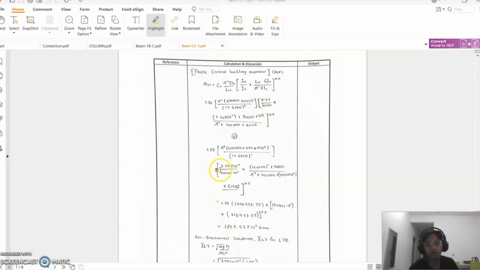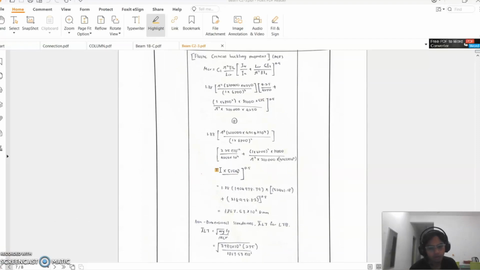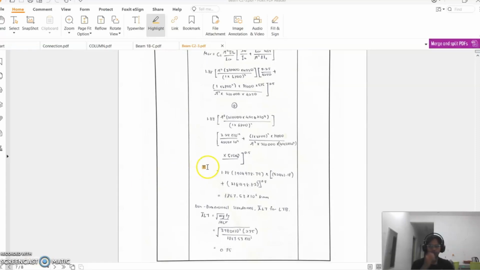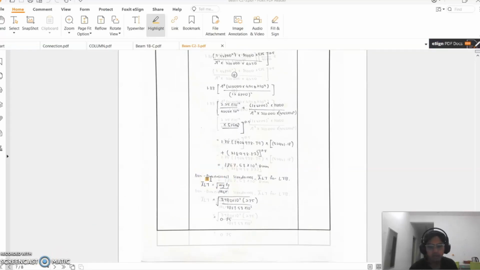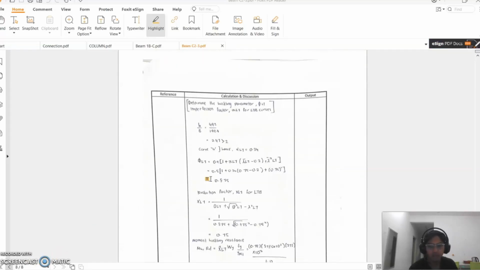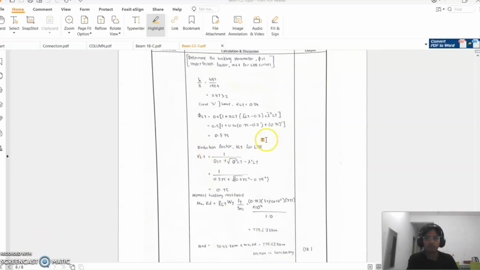And the value of Mcr is 1867.53 multiplied by 10 to the power of 6 Nmm. For non-dimensional slenderness is 0.75. And last is determine the buckling parameter.